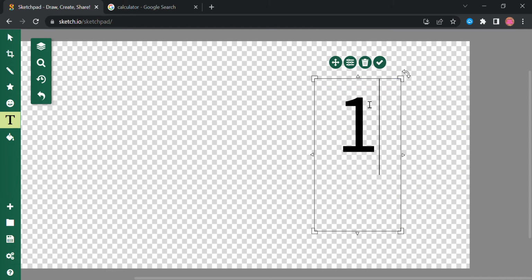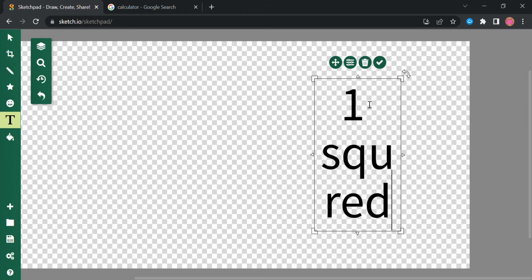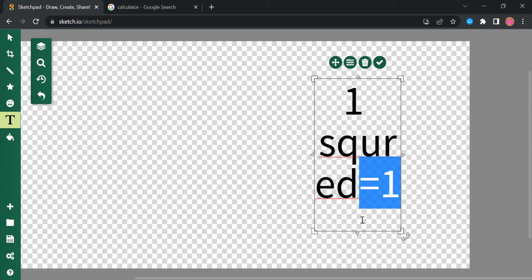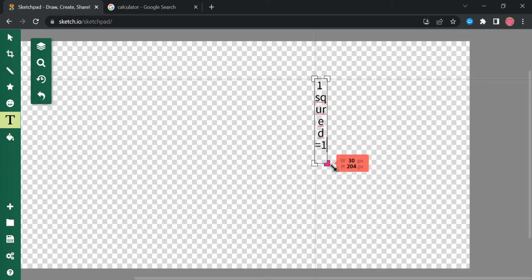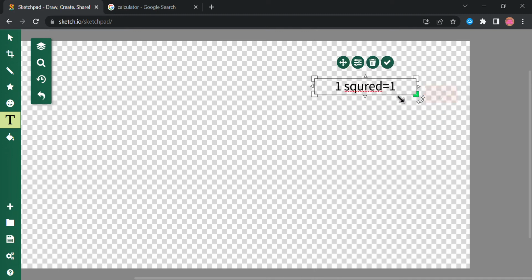Okay, 1 squared equals 1. 2 squared equals 4. 3 squared equals 9. 4 squared equals 16. 5 squared equals 25. 6 squared equals 36.